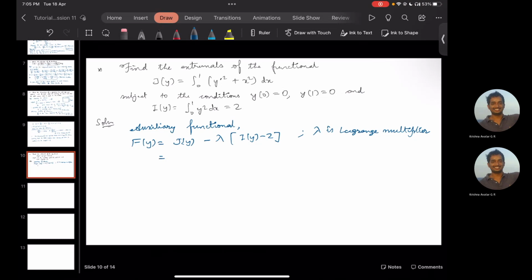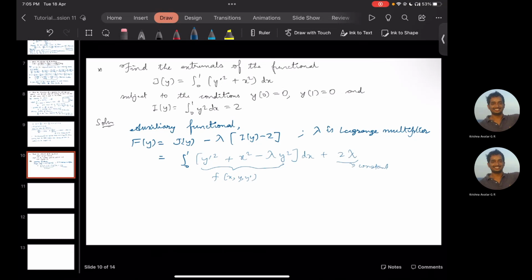And this we will write as the integral from 0 to 1 of y prime squared plus x squared minus lambda y squared plus 2 lambda. And the integrand there is a mere constant. Although lambda is to be evaluated, eventually it comes out to be a constant.